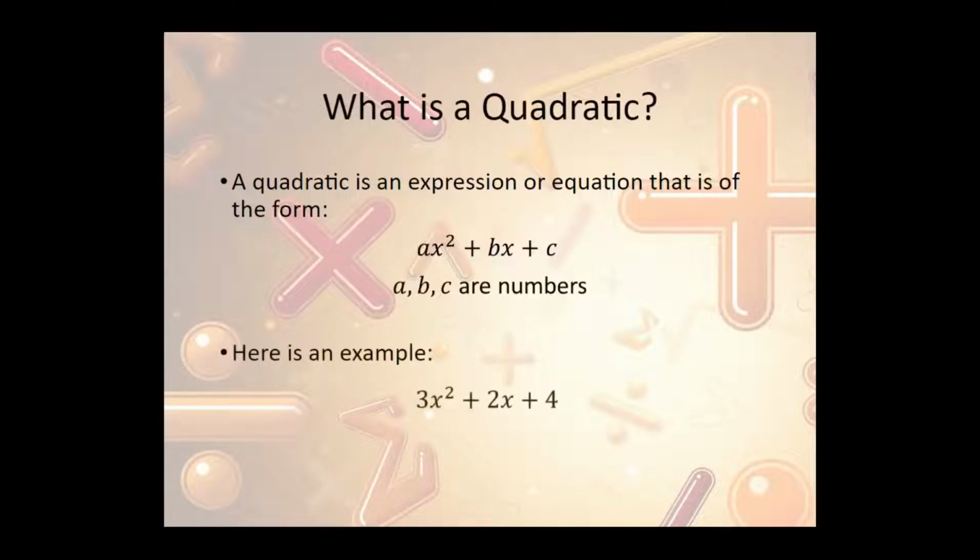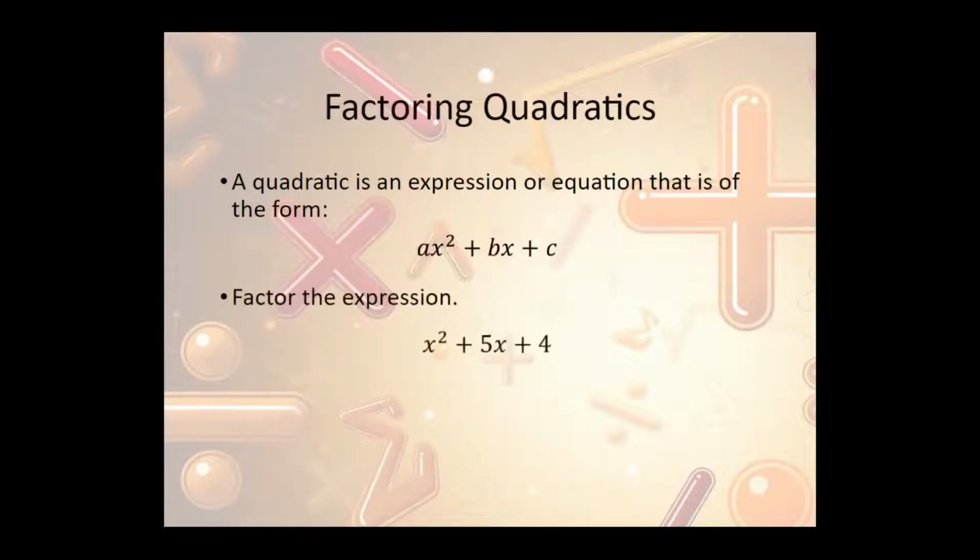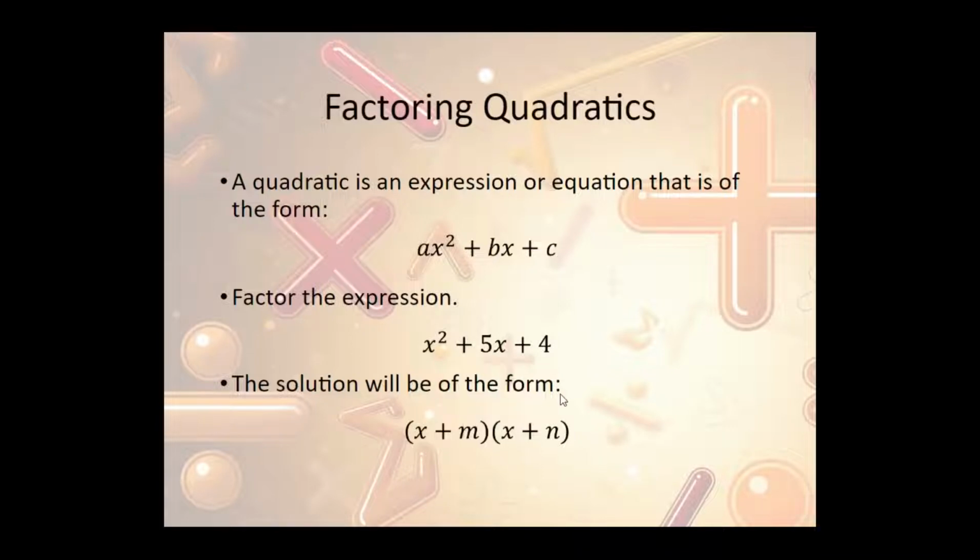So an example would be 3x squared plus 2x plus 4. That would be an example of a quadratic. So if I asked you to factor this quadratic, x squared plus 5x plus 4, the solution is going to be of this form: x plus m times x plus n, and m and n will be some numbers. So we need to figure out what numbers need to go in these two spots.